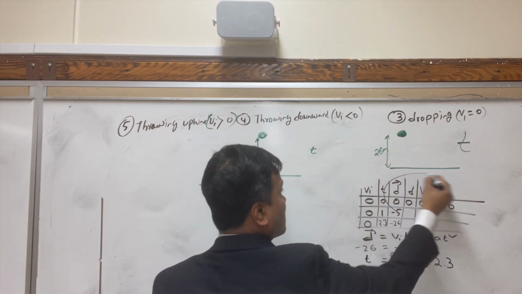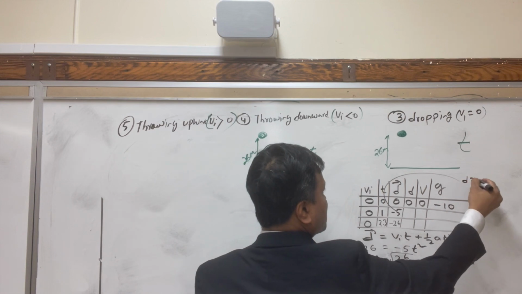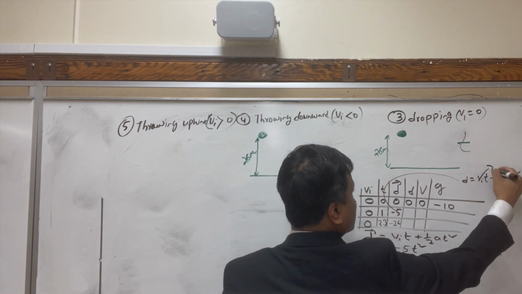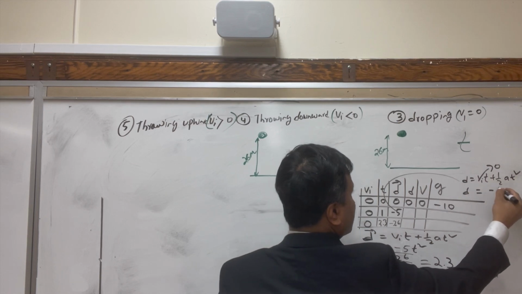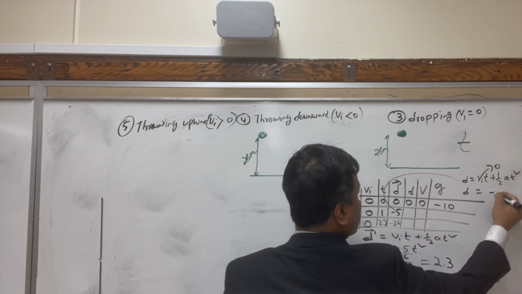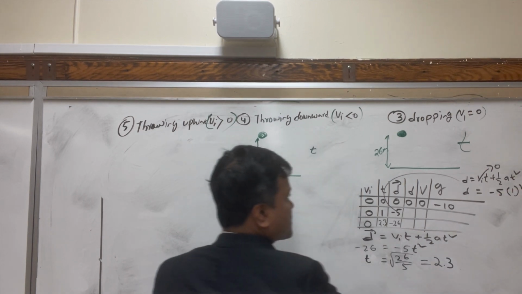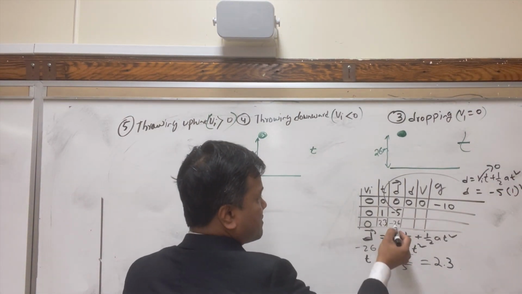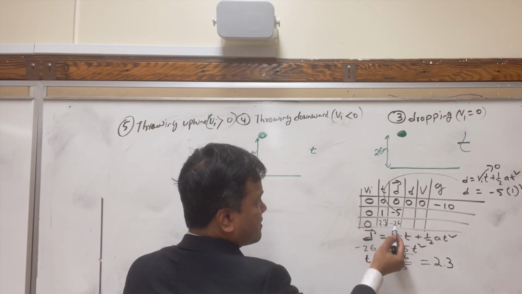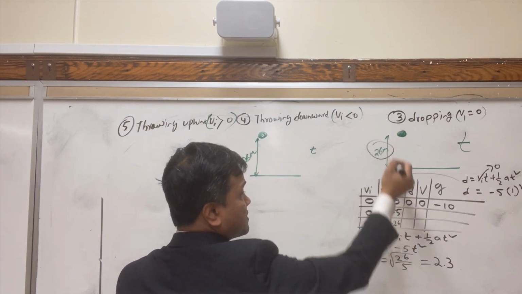Again d is equal to Vi t plus half a t squared. This is 0, so displacement is negative 5, and this is 1 squared, so negative 5. And this is how we got 2.3, and 26 is given, of course.